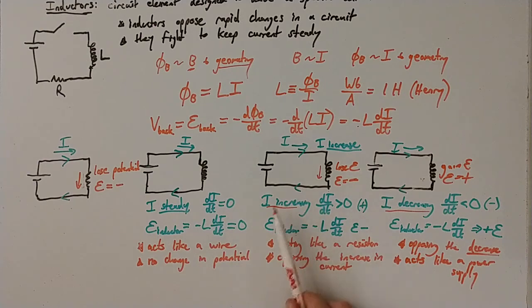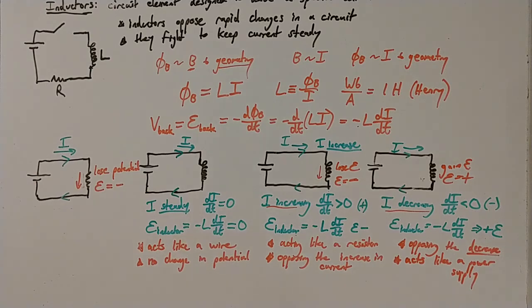But as soon as you start gaining current, the inductor says, that's not good. I'm going to act like a resistor, try to slow you down. If you start losing current, the inductor also says, that's not good. Let me boost you up a little bit. I'll try to give you some more current. So inductors are always doing whatever it takes to oppose the change.